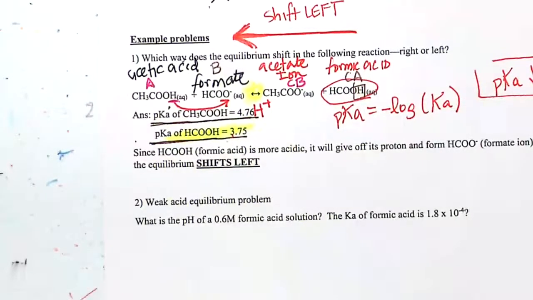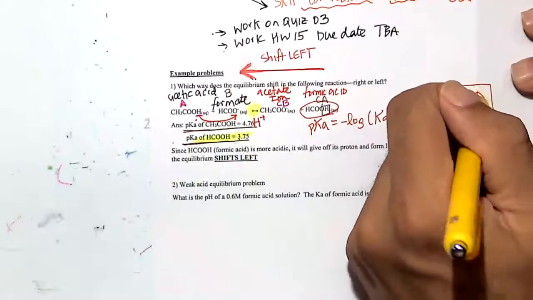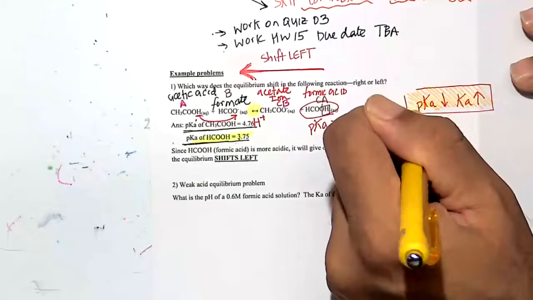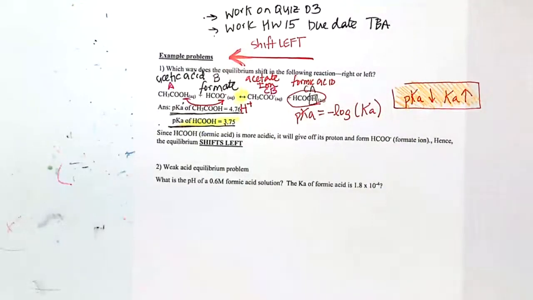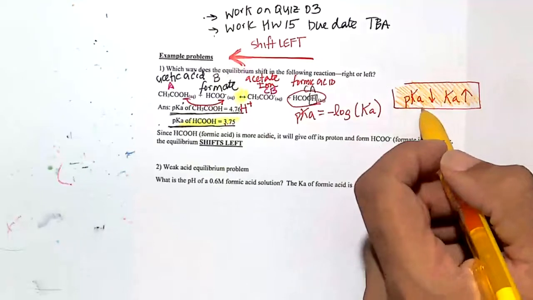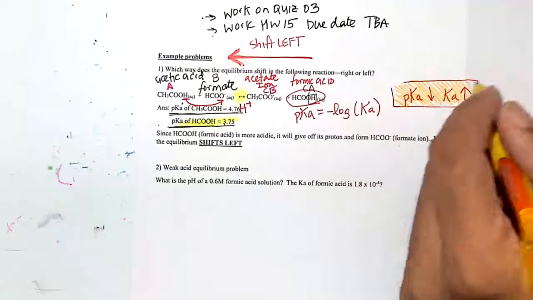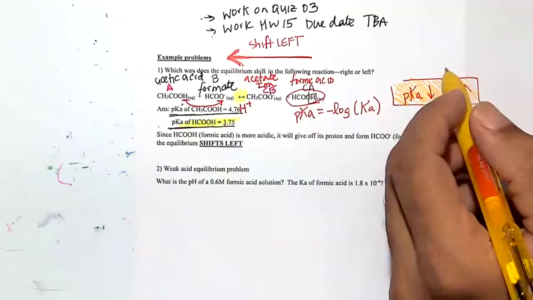So something you should know here: on this exam, you'll have to rank acids. When you rank five or six or seven acids, and they give you the pKa or the Ka, get all of them in pKa's or all of them in Ka's, and then rank them.